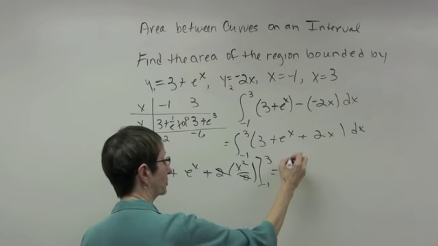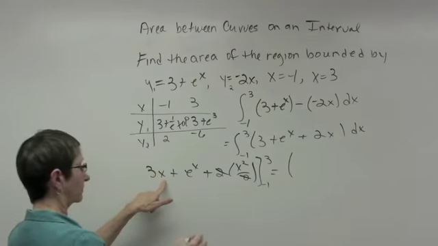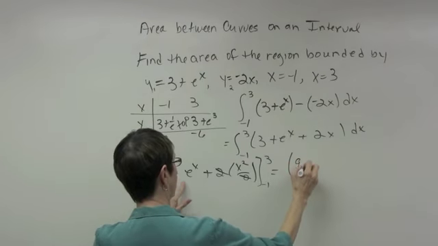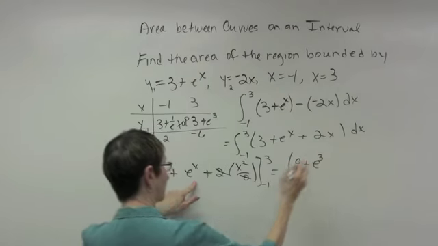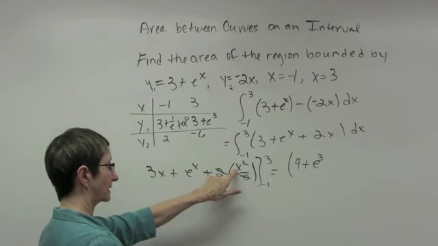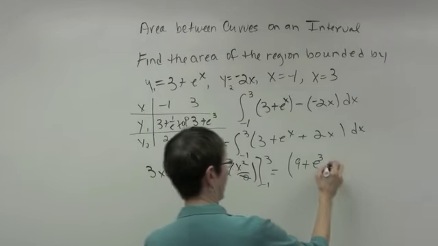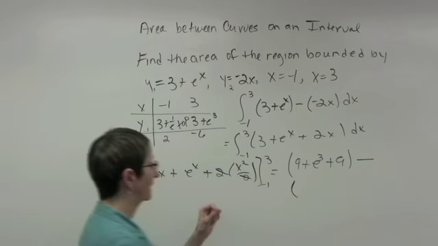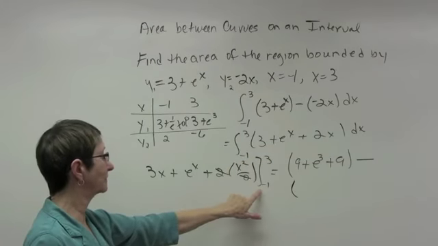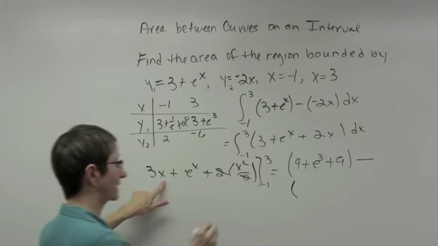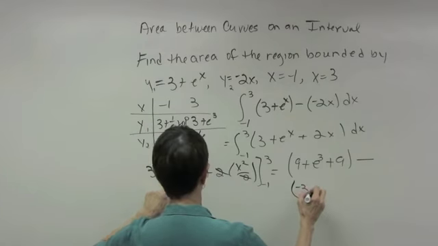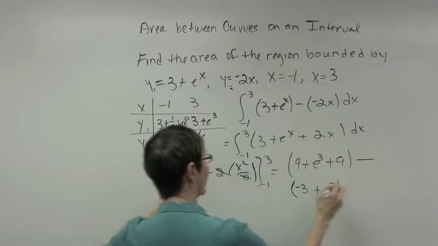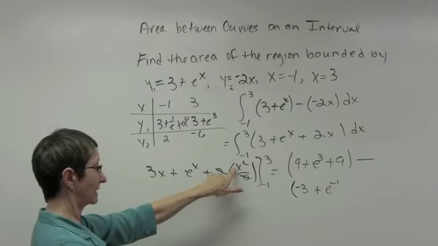If I put in the 3 first, 3 3s are 9, plus e to the third, plus my x squared is 9, minus, if I plug in -1, 3 times -1 is -3, plus e to the -1, and then -1 squared is plus 1.